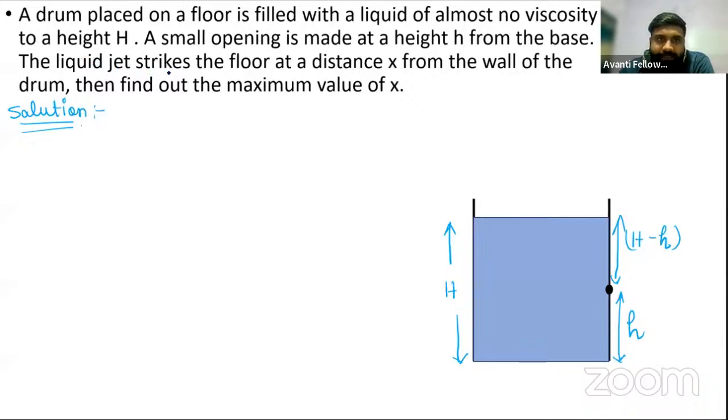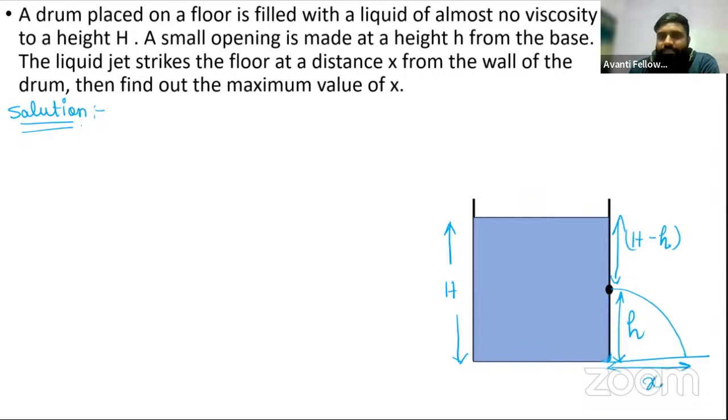The liquid jet strikes the floor at a distance x from the wall of the drum. Then find out the maximum value of x. So this liquid will fall out and strike the ground at a distance x from the bottom of the tank.